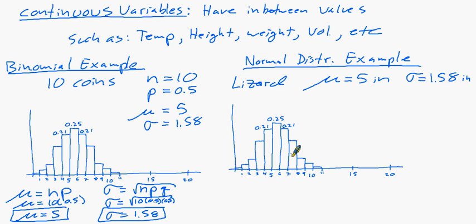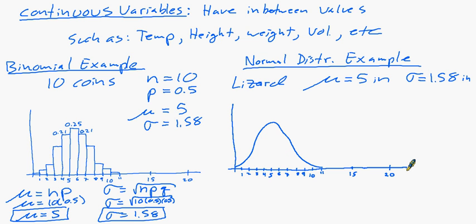If we take this binomial distribution and we connect the upper left corners of the blocks, see how well I can do this, something like that, we in fact get the normal distribution for this population of lizards.